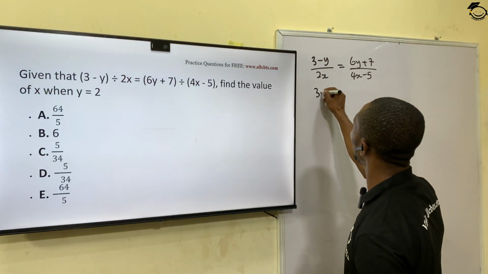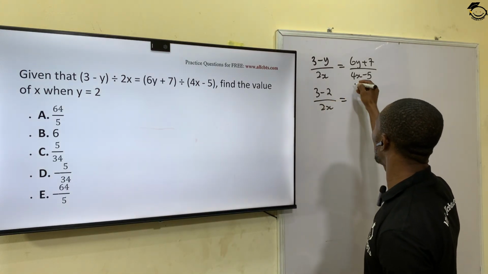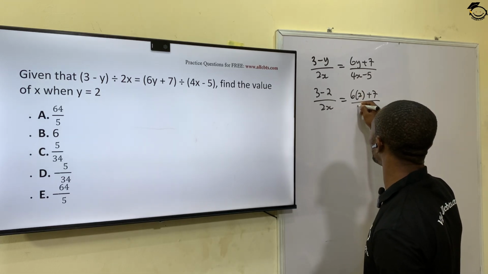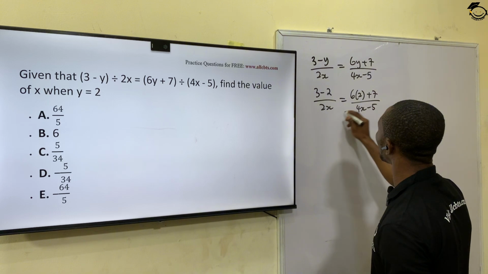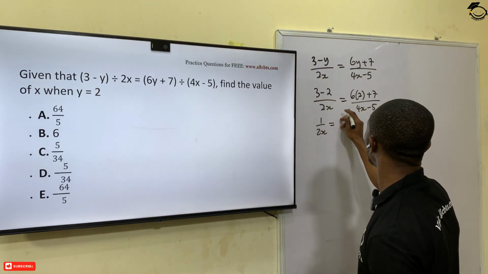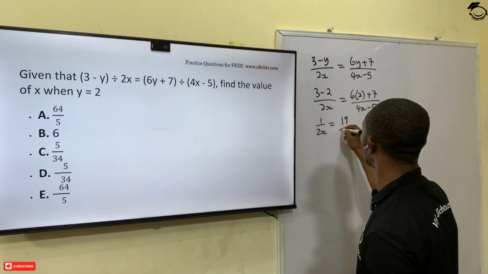So this gives us 3 minus 2 all over 2x equals 6 times 2 plus 7 all over 4x minus 5. Now this gives us 1 over 2x equals 12 plus 7, which is 19, over 4x minus 5.